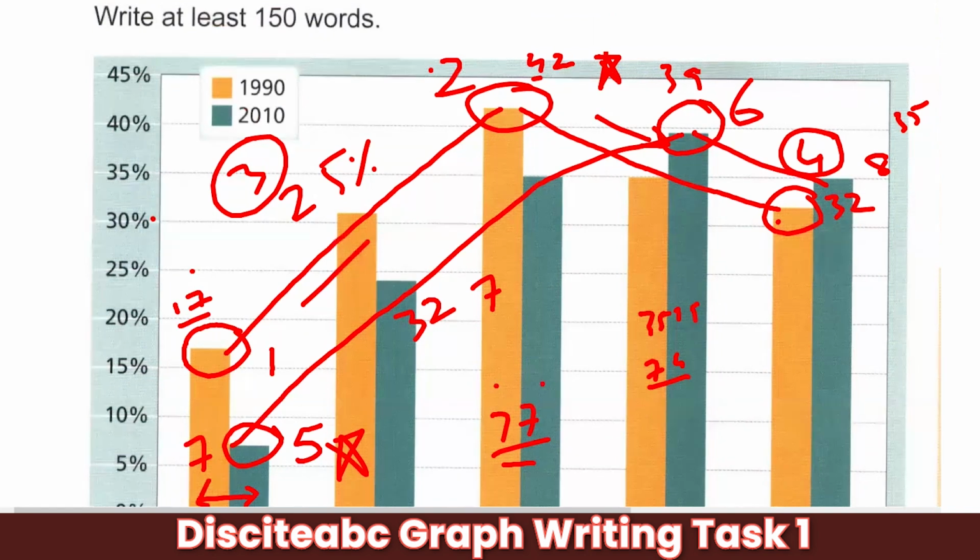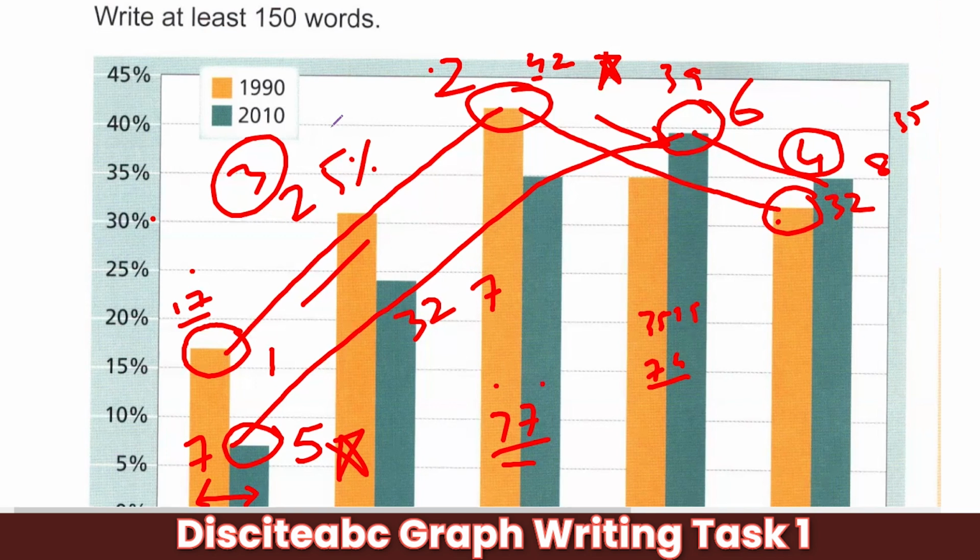Some people do it, but mostly when I go to the trainings by British Council or by Cambridge or by IDP, their trainers always tell you to write the paraphrasing and overall together. And some of the sample writings that they show you, which are of 8 or 8.5 band score, also have these two things together, paraphrasing and overall.